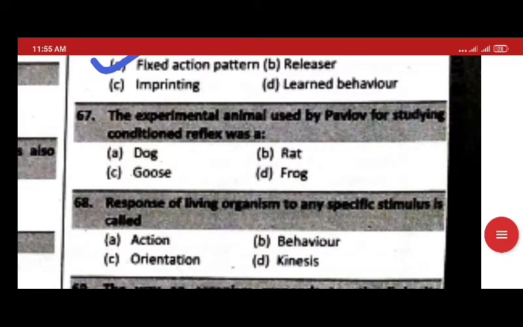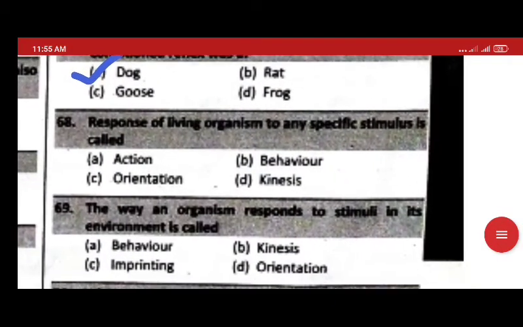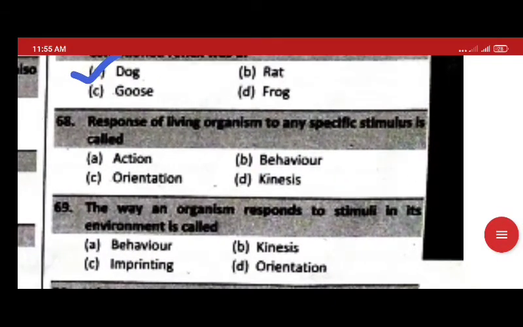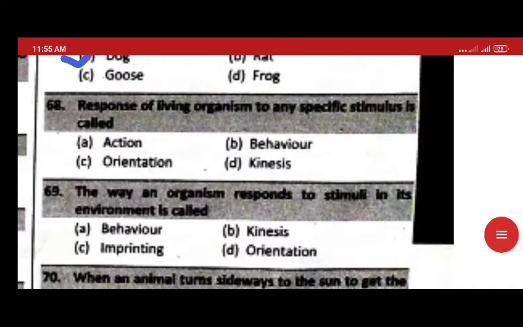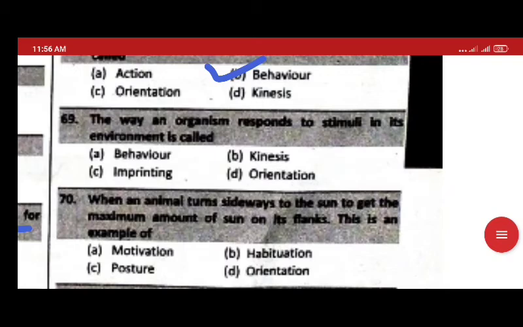Now 67. The experimental animal used by Pavlov. So Pavlov used dog for conditioned reflex. Response of living organism to any specific stimulus is called behavior. Now 69 number, here is also response to a stimulus, that is called behavior.